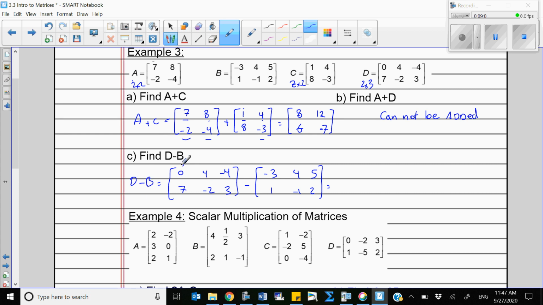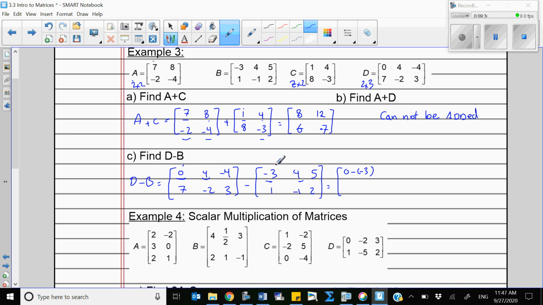That means we are subtracting the corresponding entries. The first one at row 1, column 1 is going to be subtracted by the next one, which is again at row 1, column 1. So 0 minus negative 3.